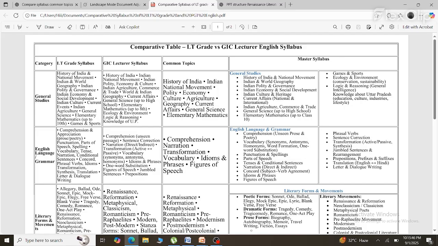So the next topic is English language and grammar. This column deals with the LT grade syllabus, this column deals with the GIC lecturer syllabus, and in English language and grammar, these are the common topics. And this master syllabus includes everything which will be useful for the aspirants preparing for both LT grade and lecturer grade.